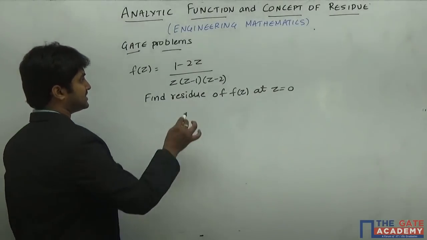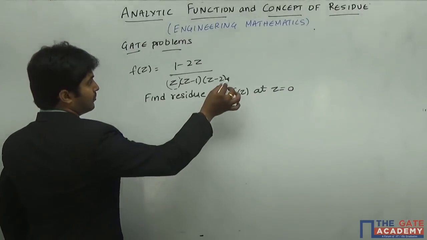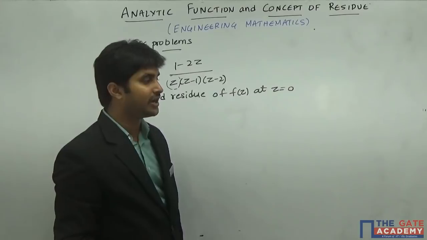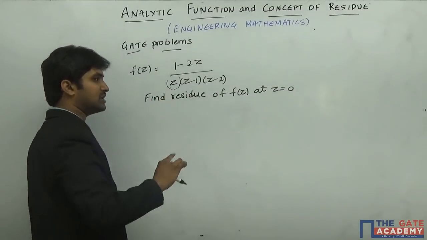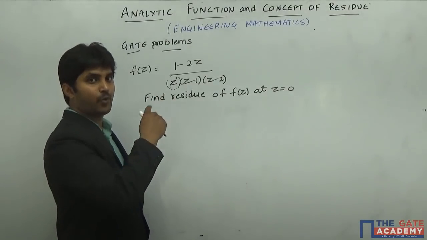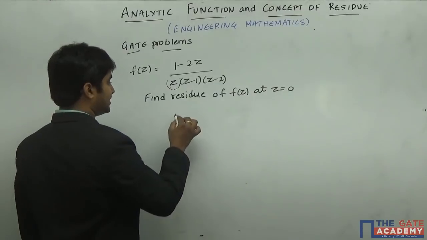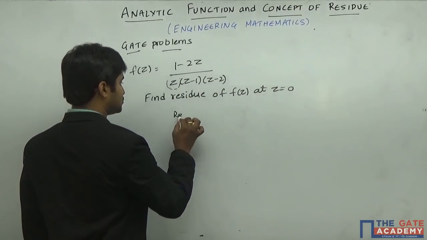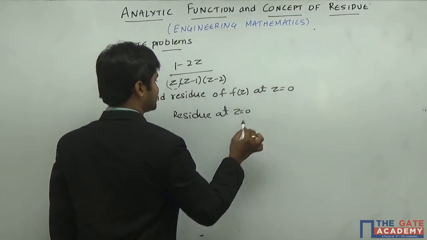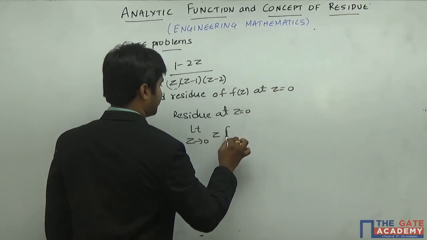You can see that at z equal to 0 there is only one pole. When you equate the denominator to 0, you get the singularities, as we have discussed already. If there were z square, then there would be two singularities at the same point z equal to 0. Whenever you have a single singularity, the residue at z equal to 0 is given by limit z tends to 0 of z into f of z.